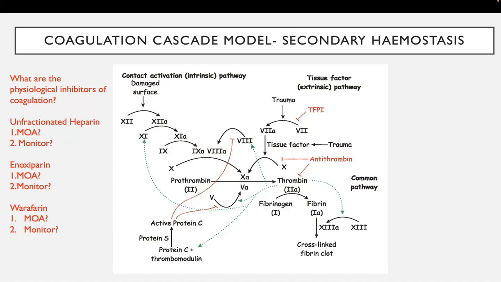INR. Yes. And then if we have an overdose of warfarin, what's our antidote? What can we give a patient who has a coagulopathy because of an overdose of warfarin? Immediately, what can we give? FFPs. Yes, well done.